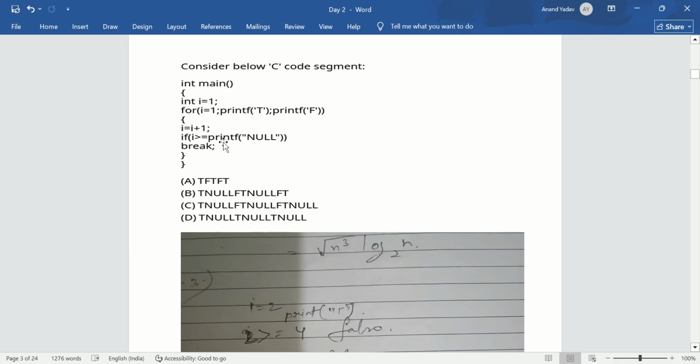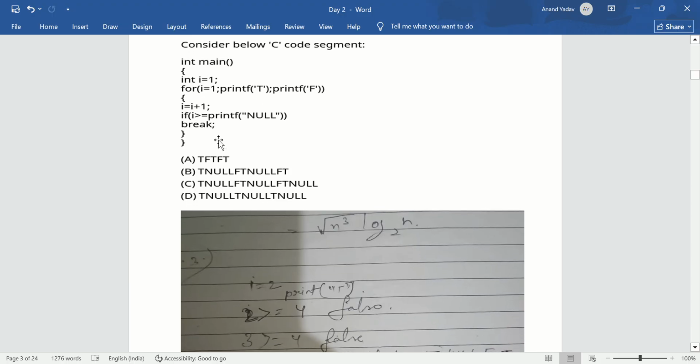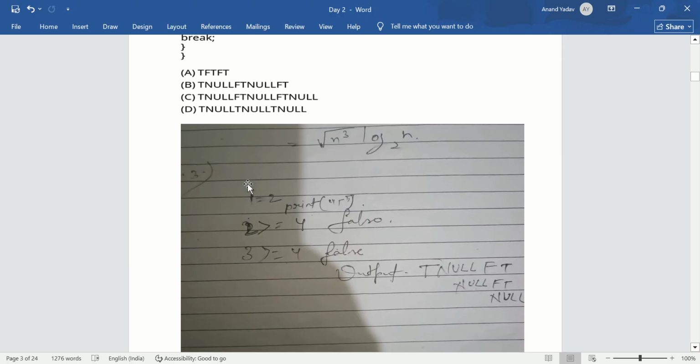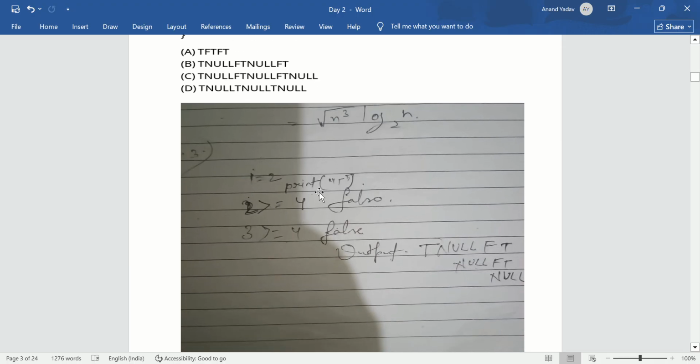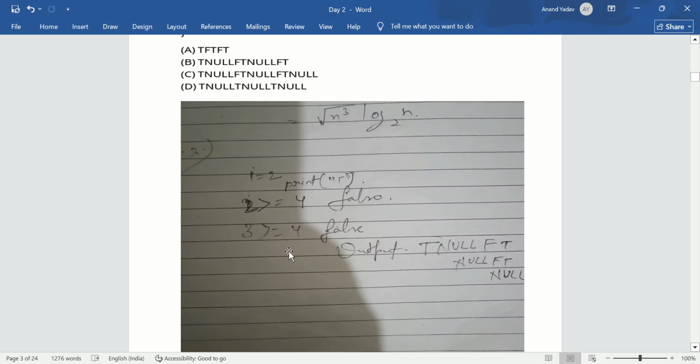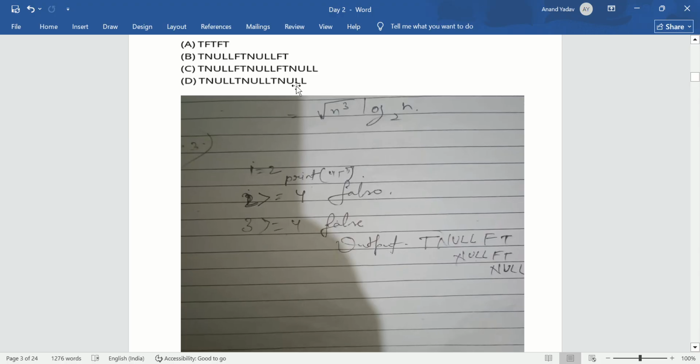Is 3 greater than or equal to 4? Again false, print null and again print F, and then T, and then plus 1 is 4. Is 4 greater than or equal to 4? True, print null, and then break. So in this way I solve this question. The output will be T null F T null F T N.